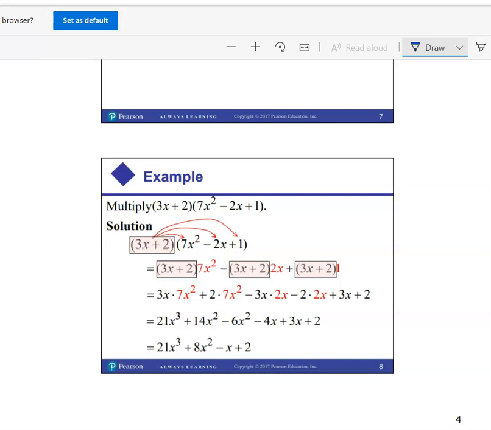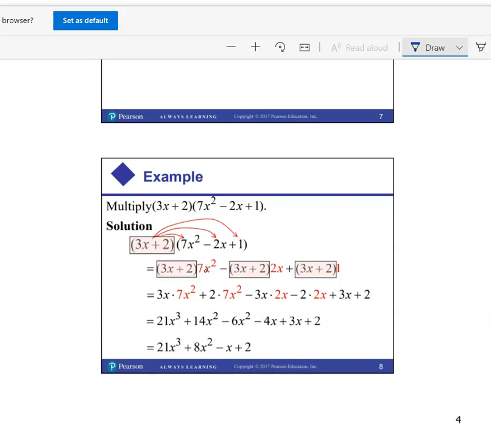So that's what they've done. The first step has 3x plus 2 times 7x squared. The next term says minus 3x plus 2 times the 2x, and then plus 3x plus 2 times the 1.